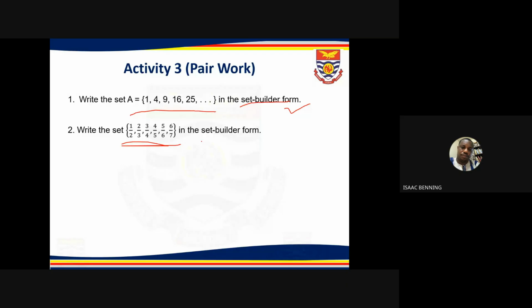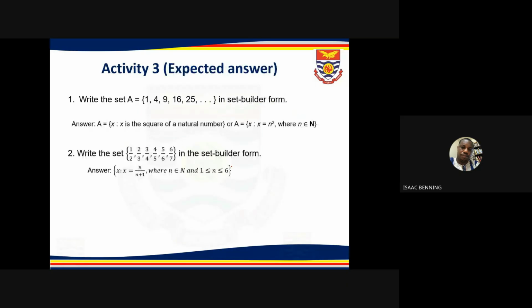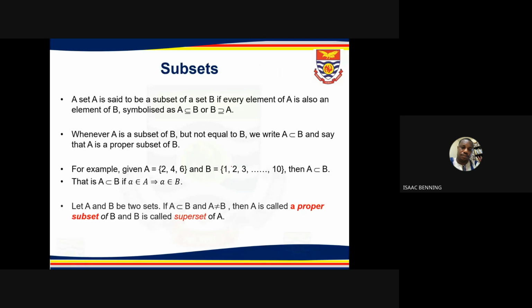Write it in the set builder notation form. After you've done that, compare your answer to mine here. Some aspects you may skip because you might have done them at the SHS level, or in algebraic thinking. So focus on the areas that you might not have met before. Is it okay?